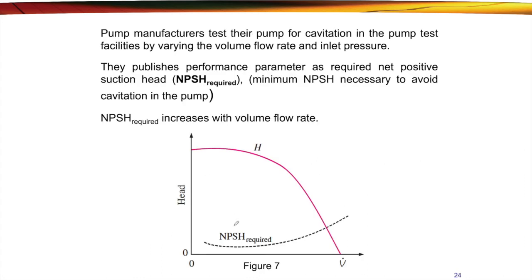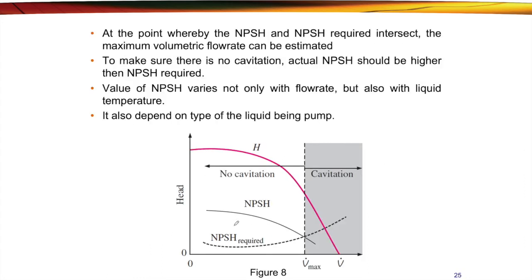To make sure there is no cavitation, actual NPSH should be higher than NPSH required. In the question you will be given the NPSH required. So you have to calculate the NPSH and then compare with the NPSH required.